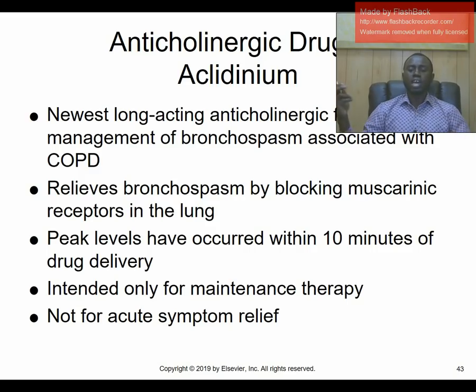Peak levels have occurred within 10 minutes of drug delivery, so the maximum effect occurs anywhere after 10 minutes. It is intended only for maintenance therapy and not as a rescue medication, and so must not be used for acute symptom relief.